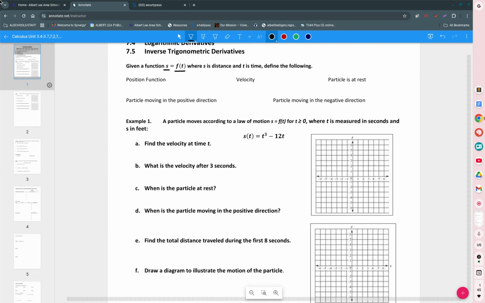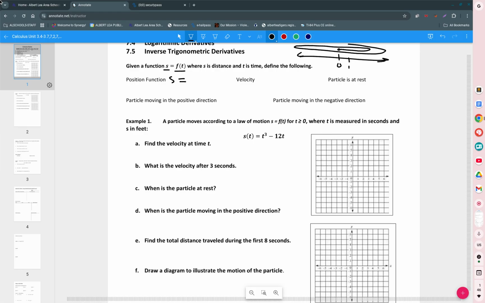Picture a particle moving along just the x-axis. It starts at one location and moves back and forth, and you're wondering where it is right now. Is it at a spot of 1? We say that S is a position function.